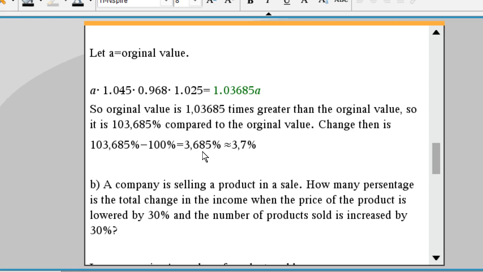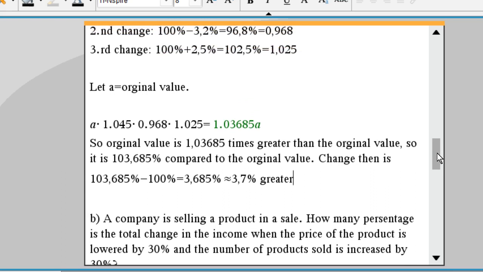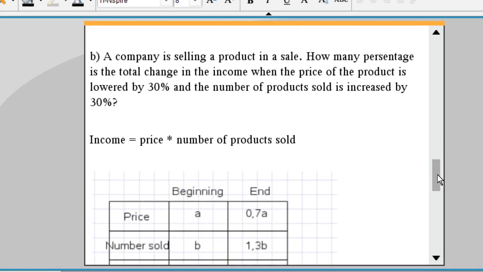So it is 3.685% greater. And again we round the value, so that would be 3.7% greater. We have to add whether it's greater or smaller. So 3.7% greater. That would be the change in value of a stock.